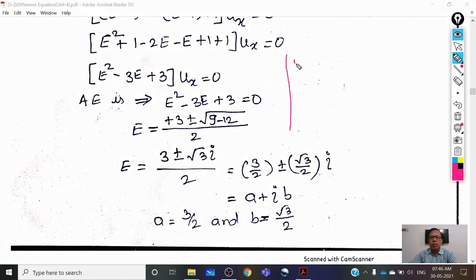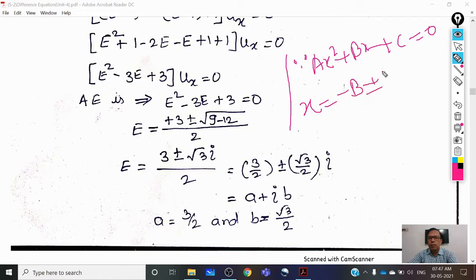By using the formula for the roots of ax² + bx + c = 0, x equal to minus b plus minus under root of b² − 4ac upon 2a.